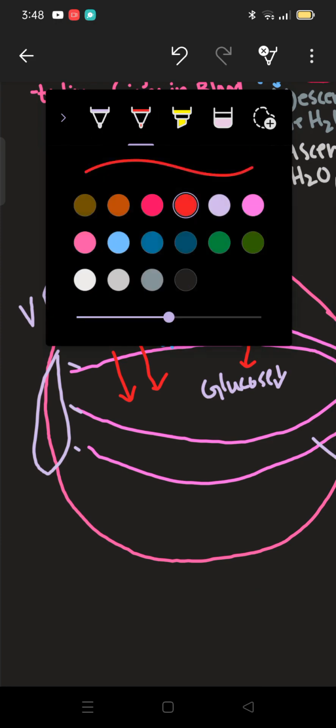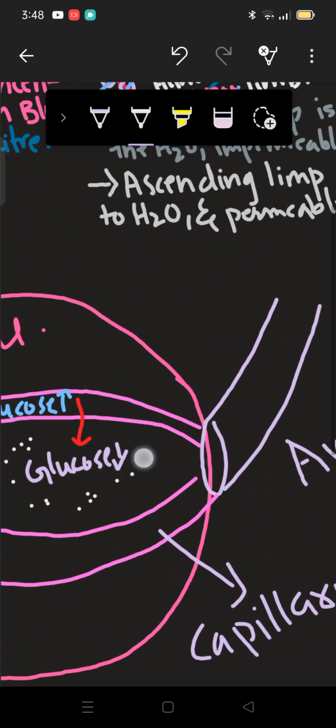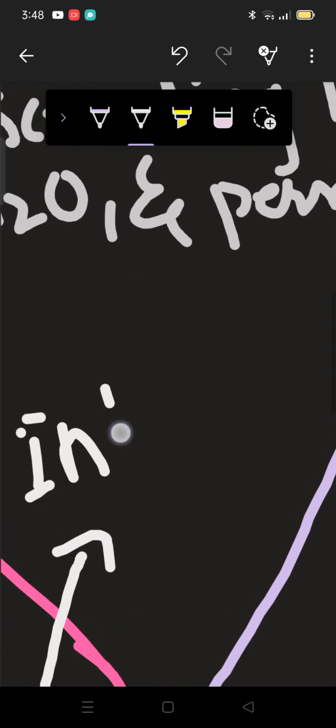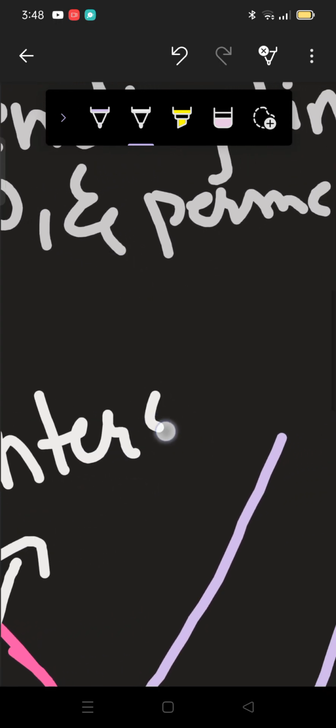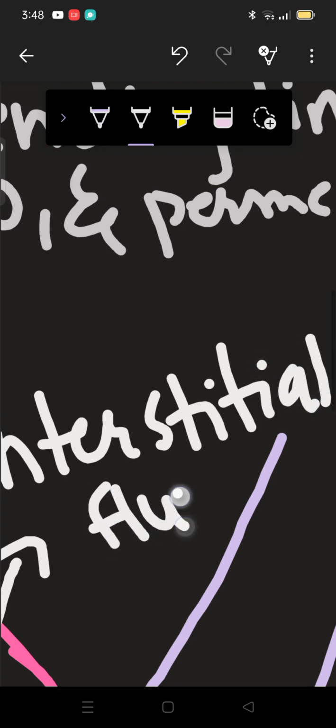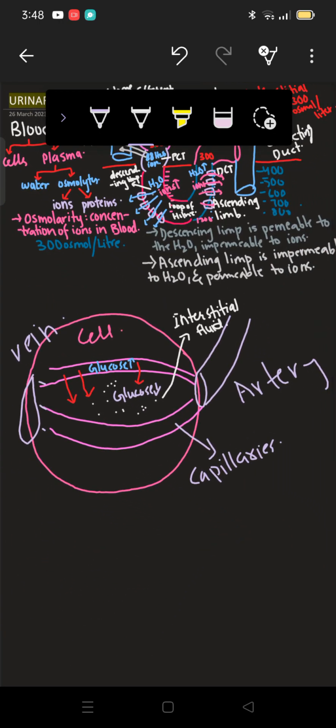Interstitial fluid is nothing but the fluid of the tissue. So this is how the exchange of things happens.